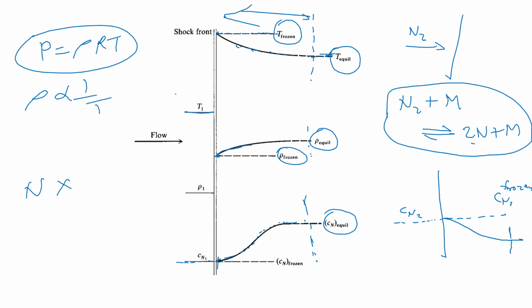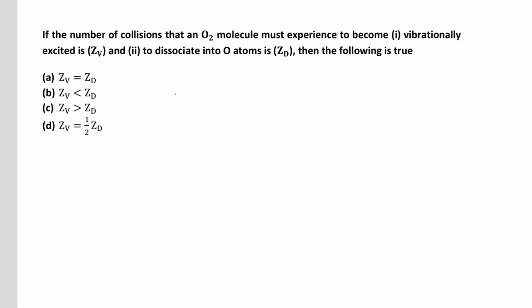Now we will see the next problem. Before, two problems were related to inviscid hypersonic non-equilibrium flow, but I will also tell some problems related to non-equilibrium, vibrational non-equilibrium, and chemical non-equilibrium.